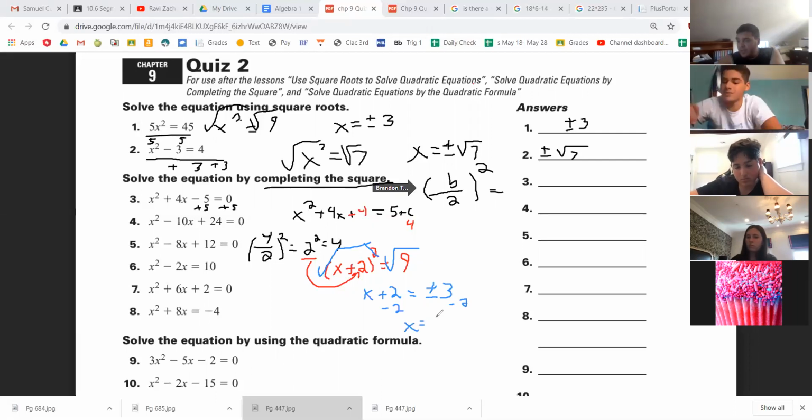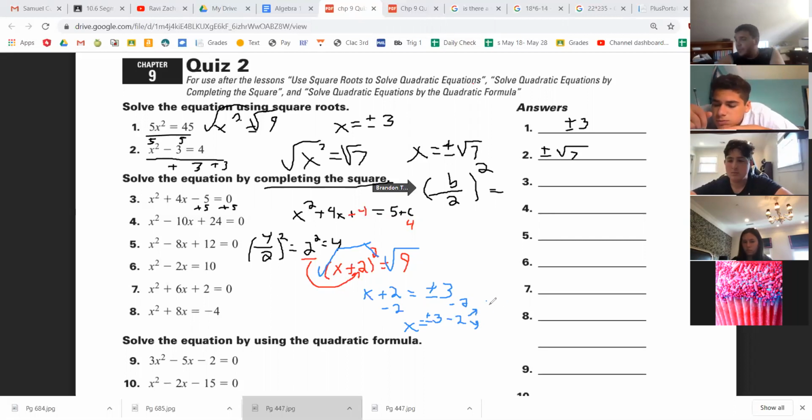X equals 3 plus or minus, minus 2. And we're going to solve both of them separately, okay? Positive 3 minus 2 is 1. That's one answer. And then negative 3 minus 2 is negative 5. That's your second answer. So your answer for this section is 1, comma, negative 5.